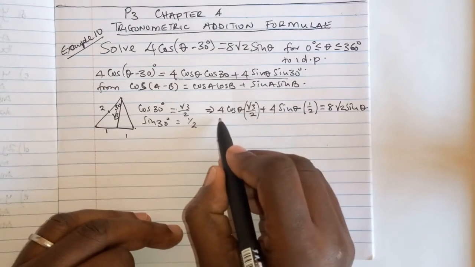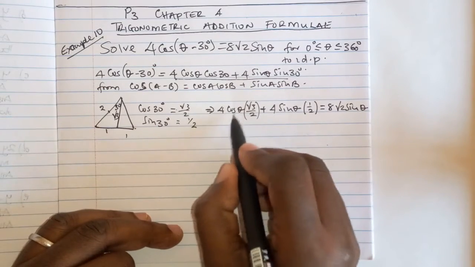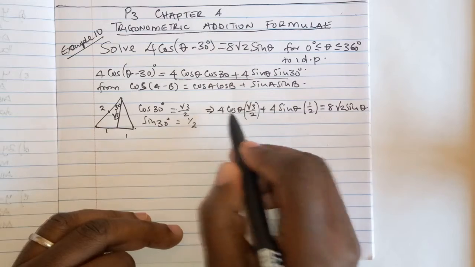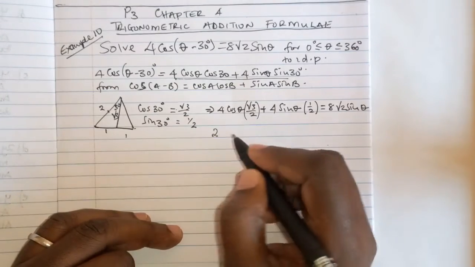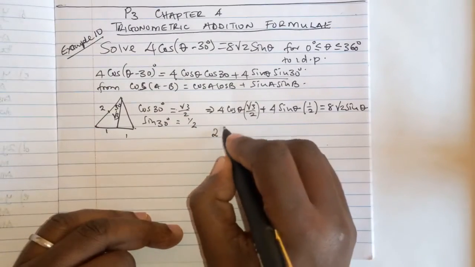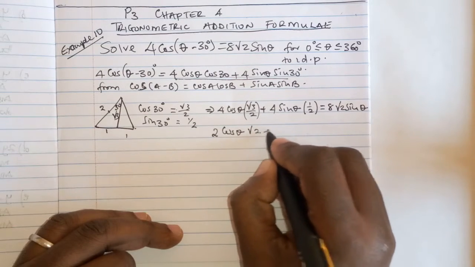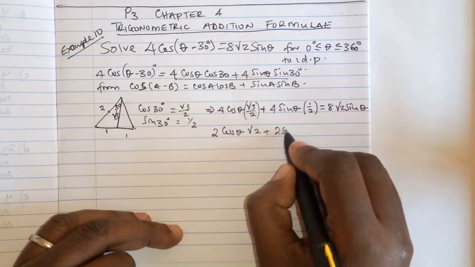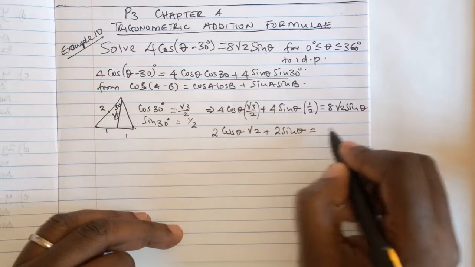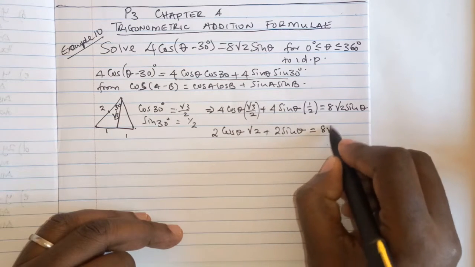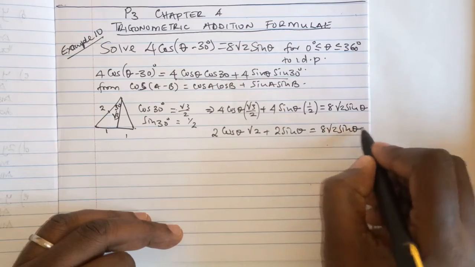If you divide both sides by 2, this 2 cancels 4 to give us a 2. It's going to be 2 cos theta root 3 plus 2 sine theta equals 8 root 2 sine theta.